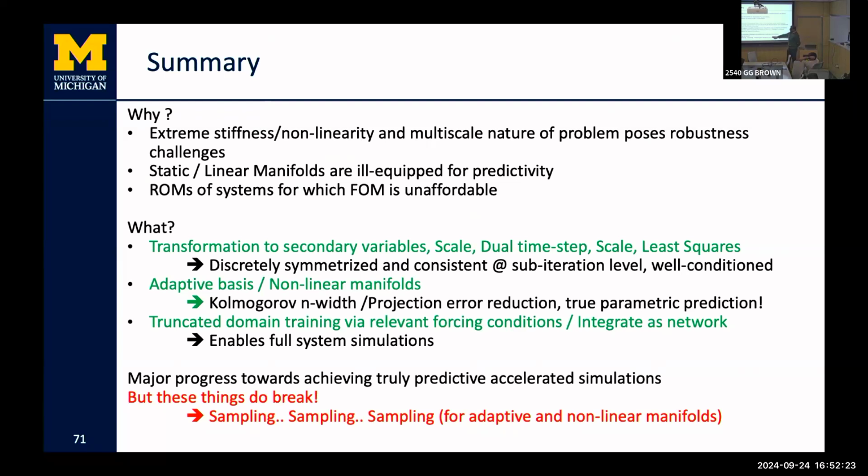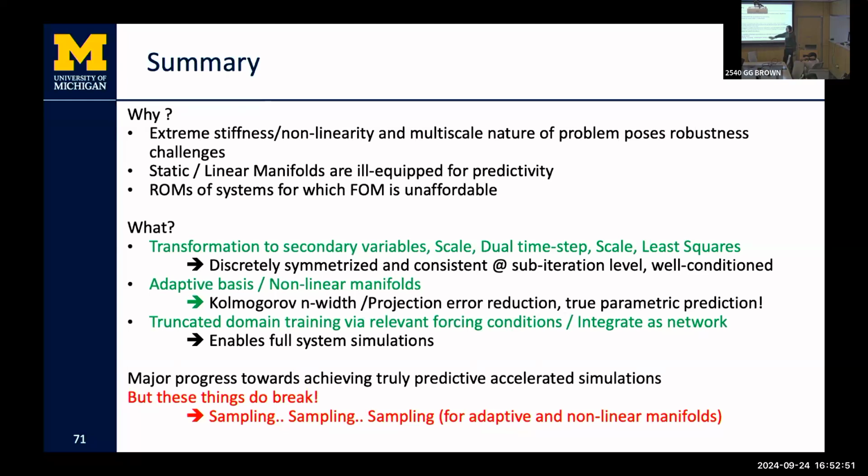But these things still break, and like you were maybe zooming in on, sampling point selection is one of the single biggest issues, which we are very ad hoc about now. There are some methods we're working on, and we also have to do some work on points where we are not sampling. That chokes the solution, right?